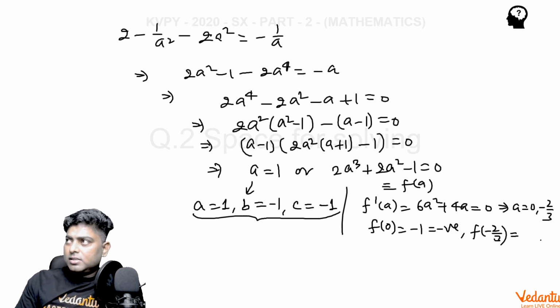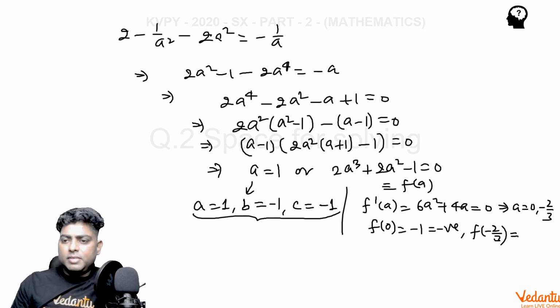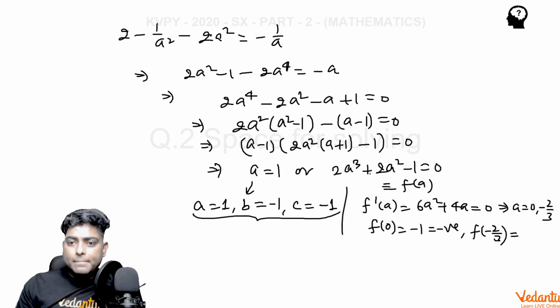So again it is obviously a negative quantity, a big negative quantity. Minus 1 is there. Okay, 2a square, it will be minus a cube, 8 and 16 by 27, plus 2a square, no?